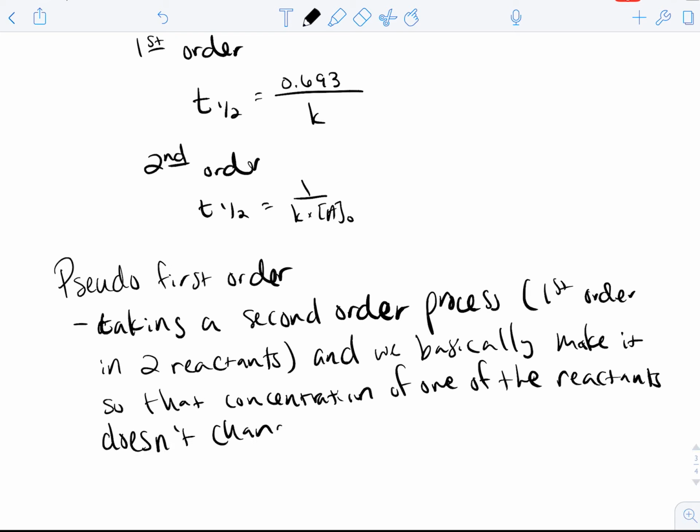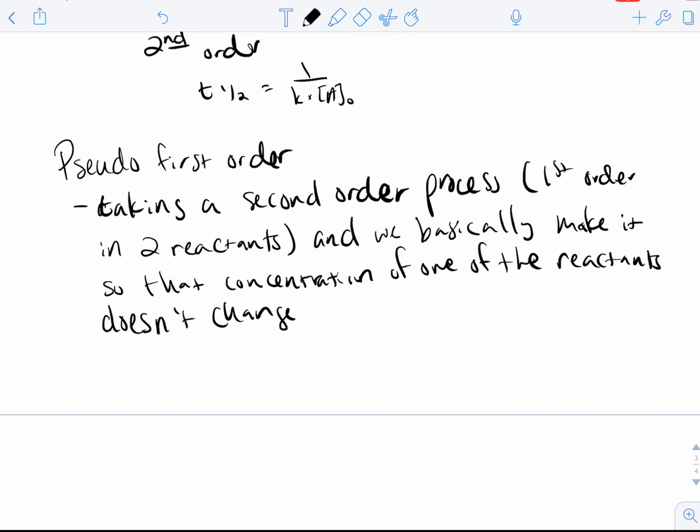I'm going to do this by making the reactant concentration very, very high. Okay. So it effectively doesn't change.